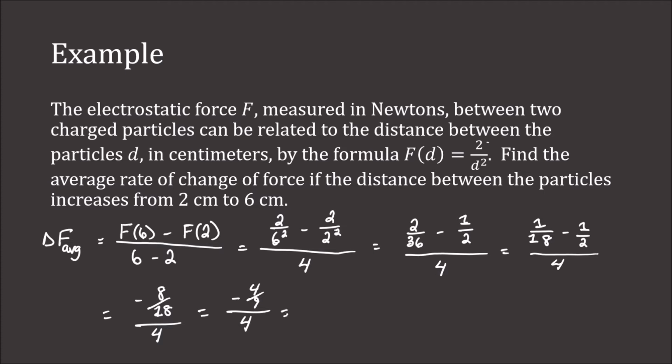Remember, when you divide fractions, you take the numerator and multiply by the reciprocal of the denominator. So the average rate of change is negative 1/9, and the unit of force was Newton, the unit for distance was centimeter. So we get negative 1/9 Newton per centimeter.